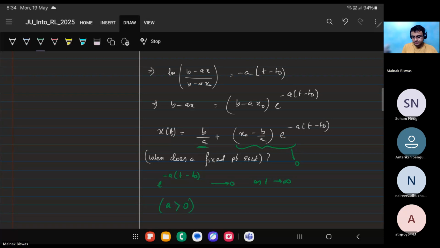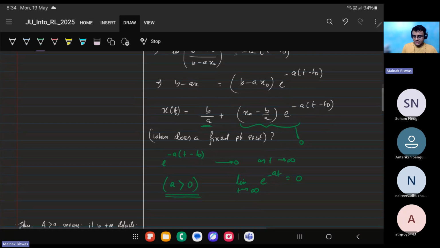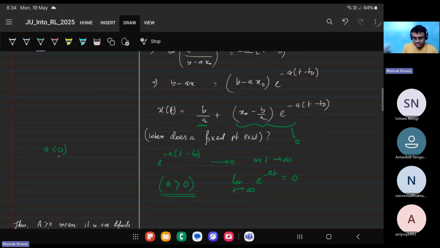If A is greater than zero and t naught is finite, then as t goes to infinity, e to the power minus infinity is zero. Correct? Yes. So, if A is less than zero, what will happen?